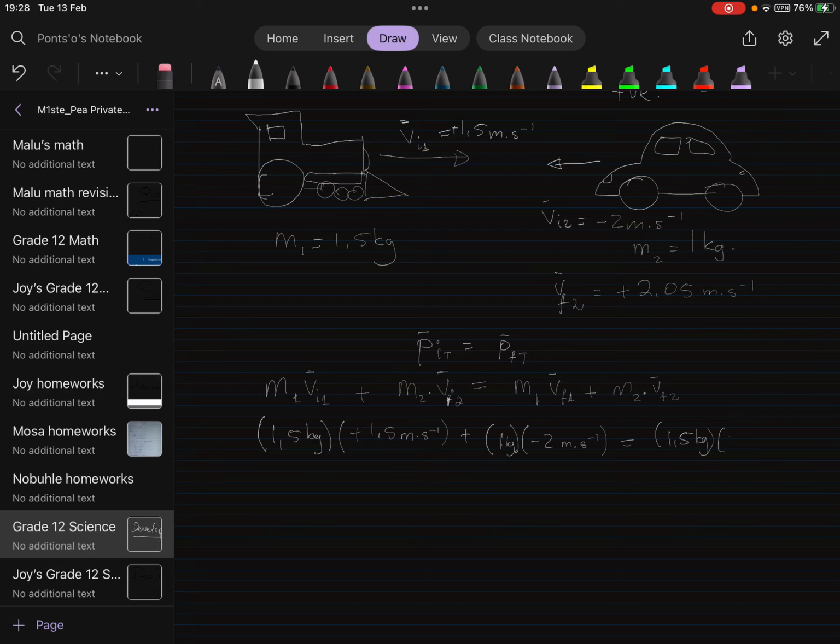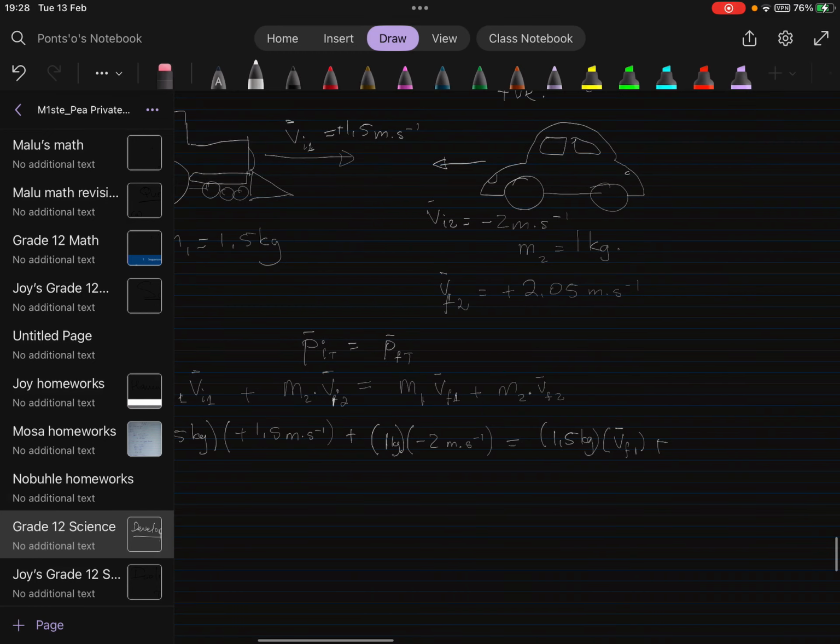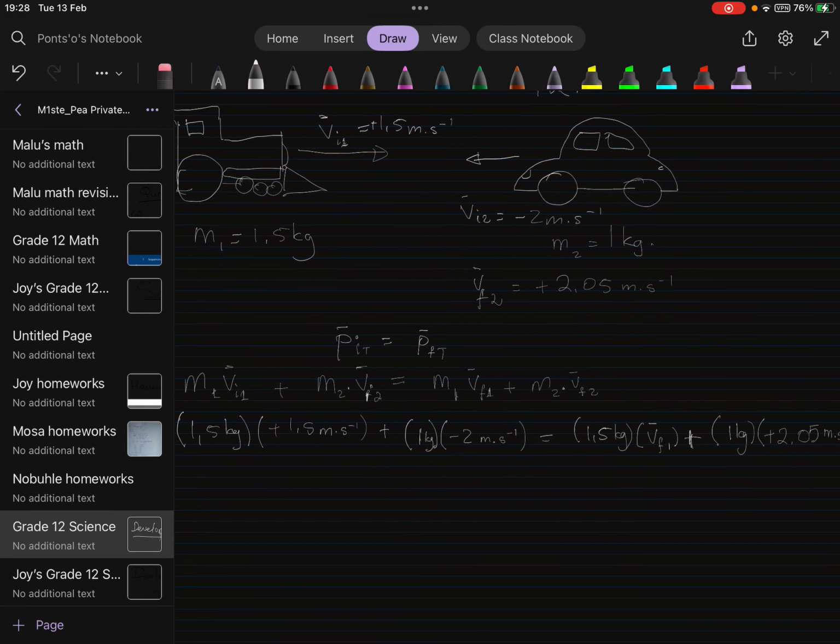The mass of object 1, which is 1.5 kilograms, and the velocity final of object 1 is unknown, but we do have the mass of object 2, which is 1 kilogram, and we do have the final velocity of object 2, which is 2.05 meters per second. That is positive because it's going in the eastward direction. 100%.